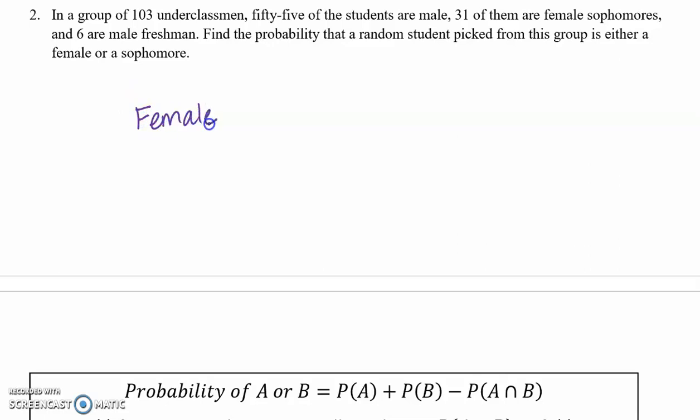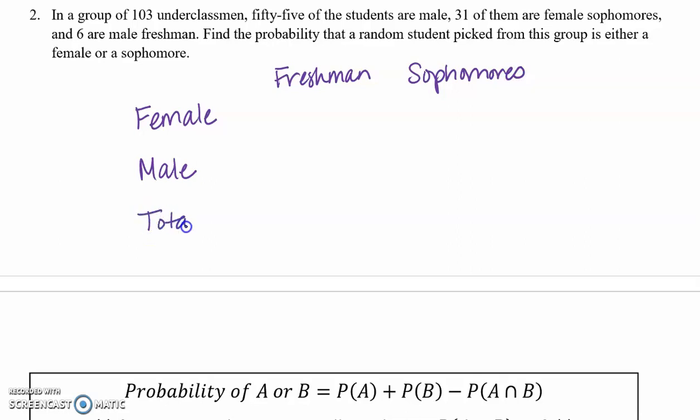So we have female students, we have male students, we have freshmen, and we have sophomores. And we know that 55 of the students are male. So I'm going to make totals. And so we have 55 here that represent male students.